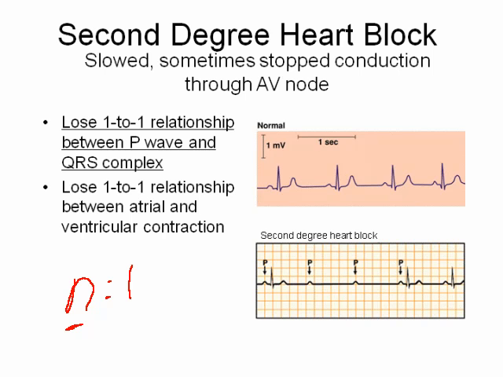So for long periods of time, you see a 2-to-1 rhythm or a 3-to-1 rhythm. This could be caused by a variety of things. One of the main things is increased parasympathetic nervous system activity, suppressing the depolarization of the AV node enough to stop conduction through it.